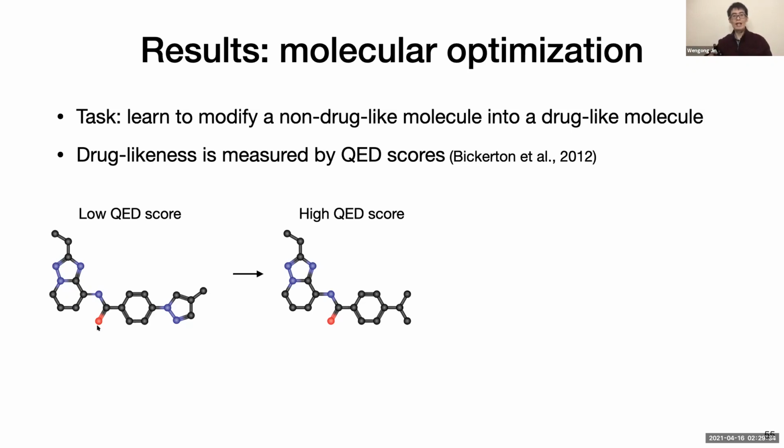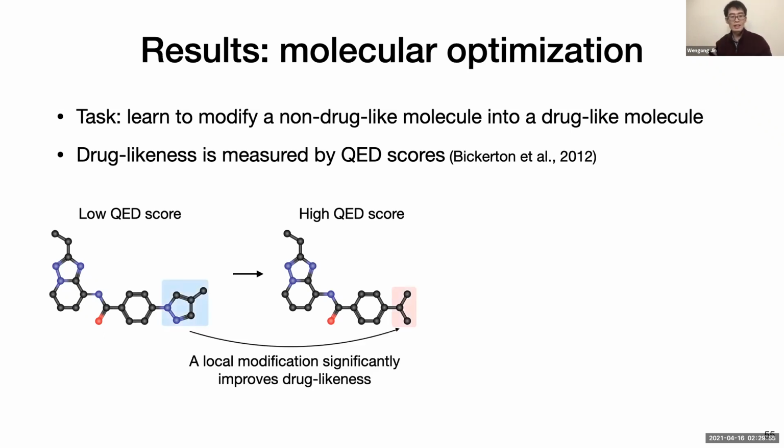Drug likeness encompasses many physicochemical properties, and it greatly affects how it can be absorbed in the human body. So let's say that helicin is not good enough in terms of drug likeness. Then I can learn to make a local modification so that it can improve the drug likeness and be better absorbed by humans.